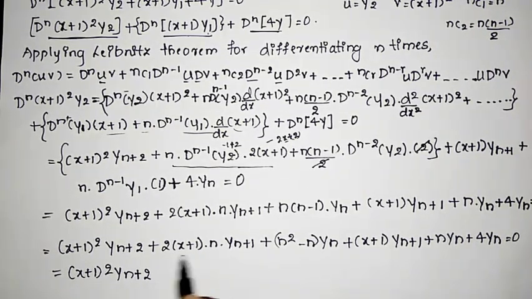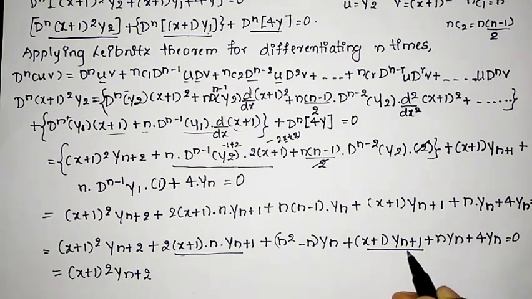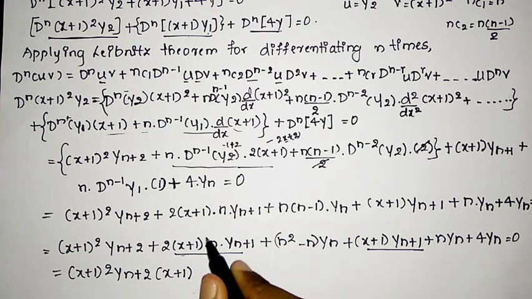So you can observe that we have 2 into x plus 1 into n, and then here also we have x plus 1 into yn plus 1. So just take x plus 1 common. So we can write 2 into x plus 1, and then keep yn plus 1 as it is, then plus.